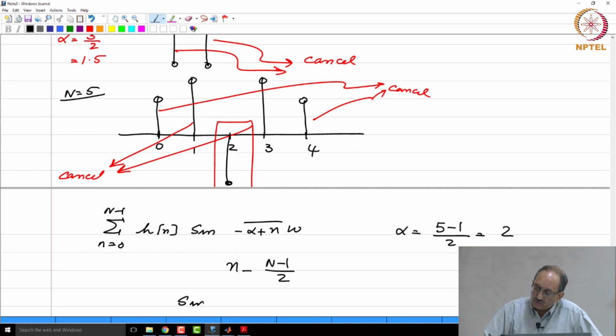Therefore, you have sin of n minus 2 for this example. The center sample, independent of its value, does not need a pair to cancel, because whatever h of 2 is, it is going to get multiplied by sin of 0. Therefore, this works for n both odd as well as even.